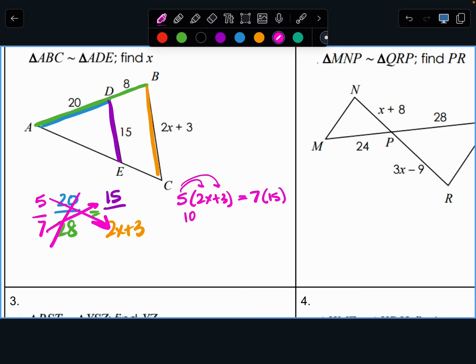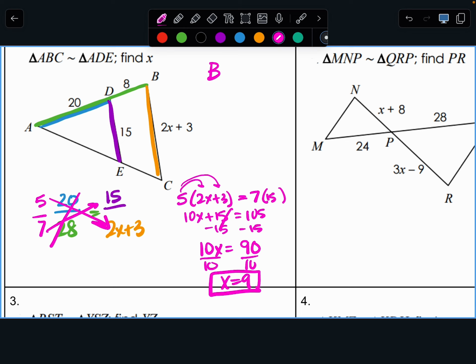Distribute. 10x plus 15 equals 105. Minus 15. Got ahead of myself in a step. 105 minus 15. So 10x equals 90. X is 9.